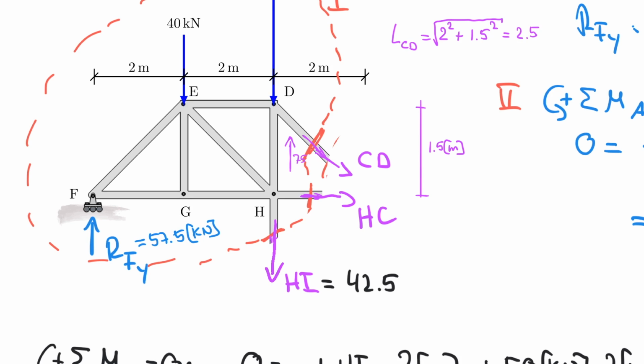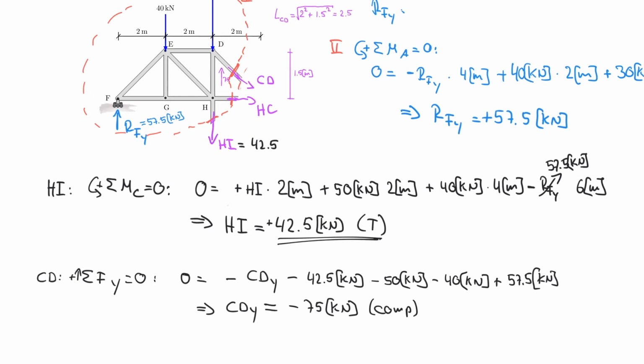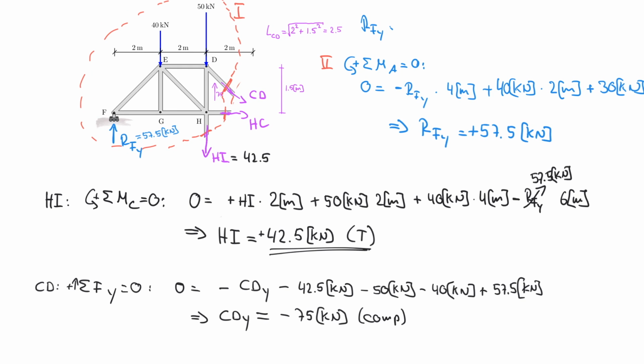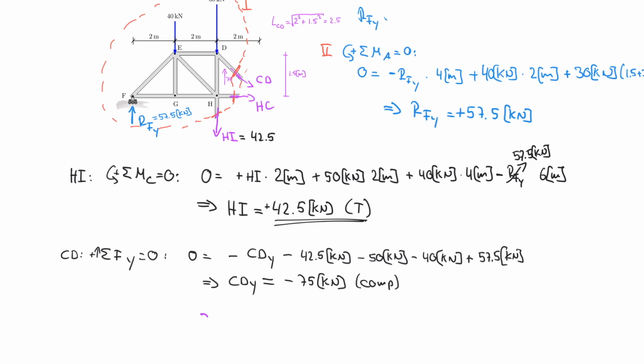So I have a length of 2.5, so I can use that now to use my triangular relationship, right? So I can say that 75 kilonewton corresponds to 1.5 meters, just as CD in kilonewton corresponds to 2.5 meters.